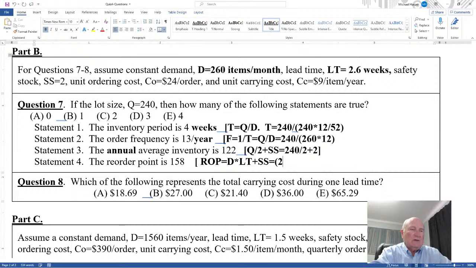We have 260 per month times 12 is per year, divided by 52 is my demand per week, times the 2.6 weeks plus my safety stock, which is up there too. I'll let you do the arithmetic.